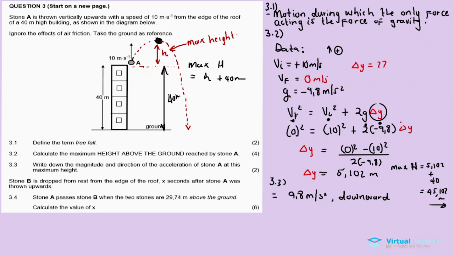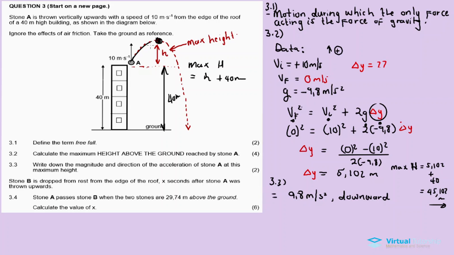Okay, now we move on to 3.4. Stone B is dropped from rest from the edge of the roof X seconds after stone A was thrown upwards. So I take stone A and throw it upwards.